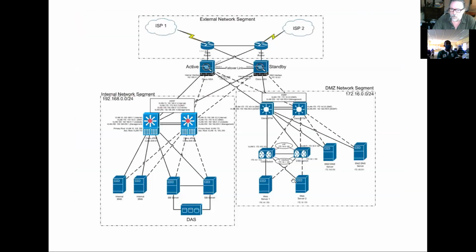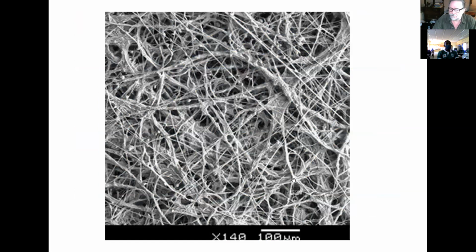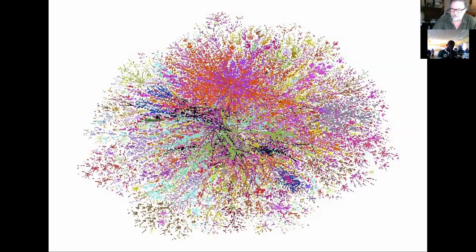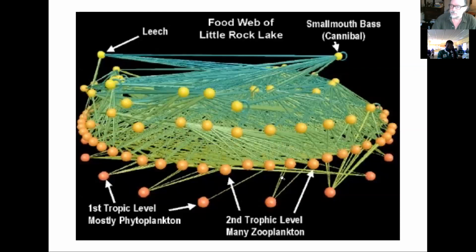So these are webs: surface of water, mycelium, computer systems, computer networks. That's the internet. These are the relationships within an ecosystem. These are energy relationships within an ecosystem. This is in a little pond. There's a leech. There's a fish. And then on the next layer, each one of these are different trophic levels.